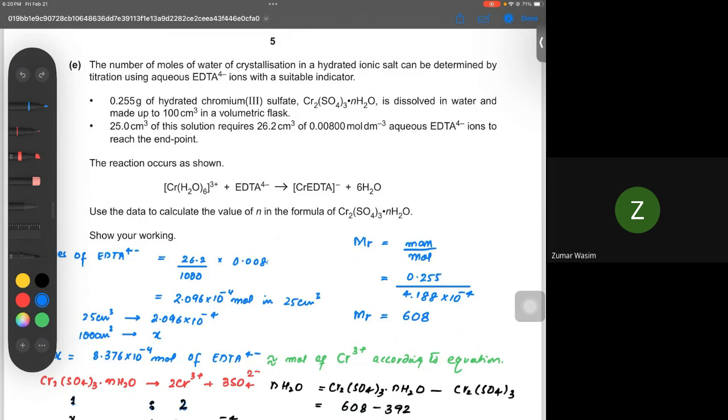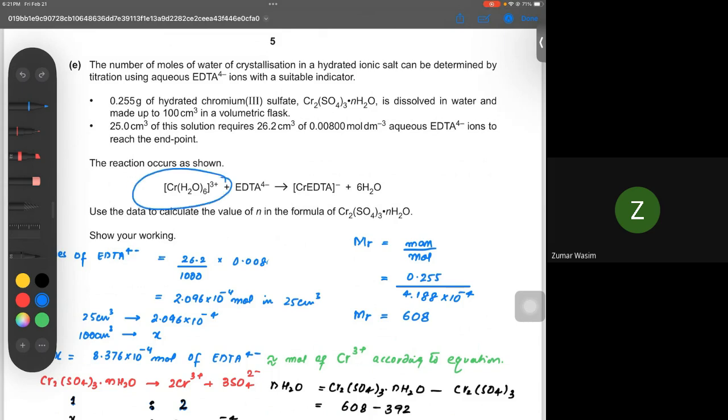It's very simple. Then in part E, they are asking: the number of moles of water of crystallization in a hydrated ionic salt can be determined by titration using aqueous EDTA4 minus ions with a suitable indicator. They are going to do a titration with this ion and the hydrated ionic salt.